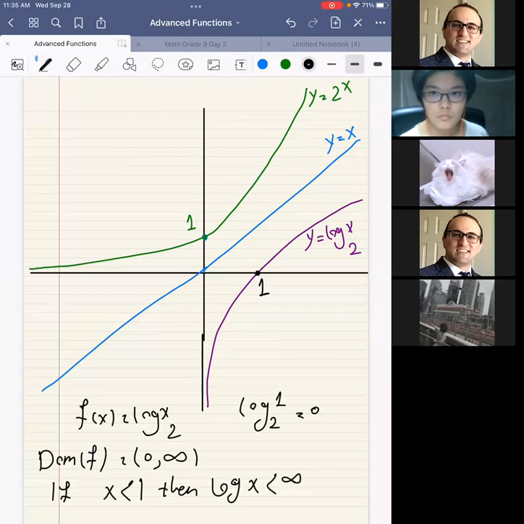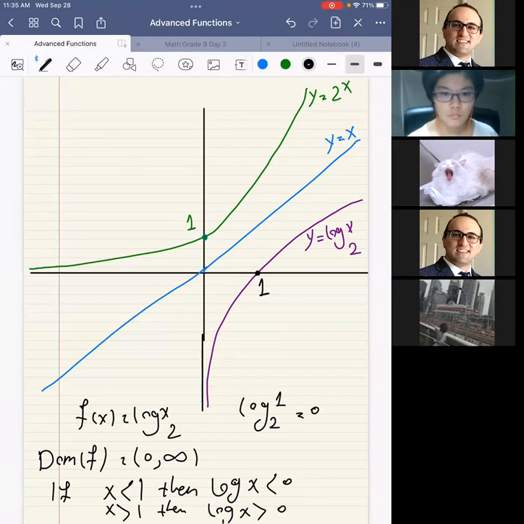And if x is greater than 1, then log x, sorry, this is positive.